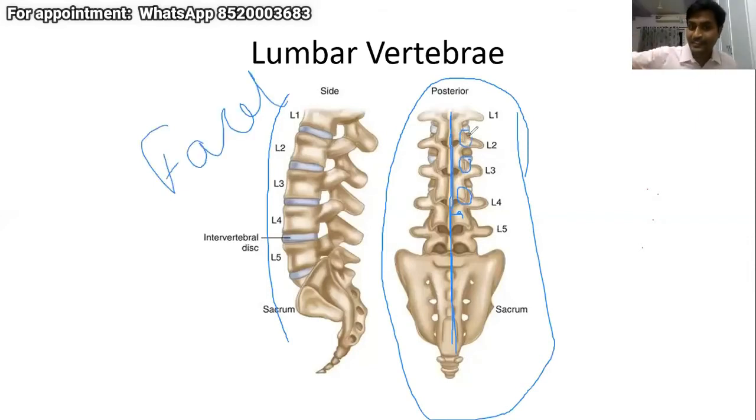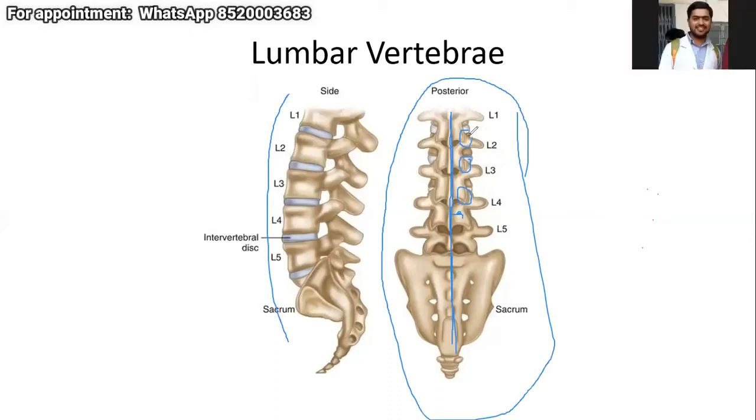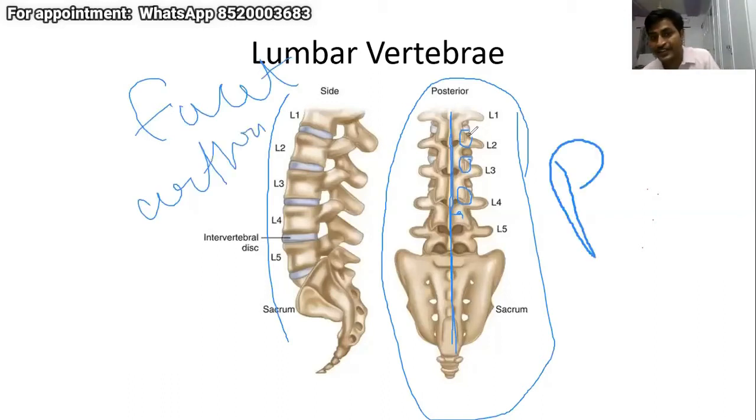When I press on the facet joints, you will be able to feel that you have touched the bone, and at the same time the patient will have pain. So when you touch the facet joints and the patient is having pain, what does it mean? It is pain related to the facet joint. Unless the facet joint is inflamed, that will not elicit pain. If I touch my normal knee joint, is it painful if I press my normal knee joint?